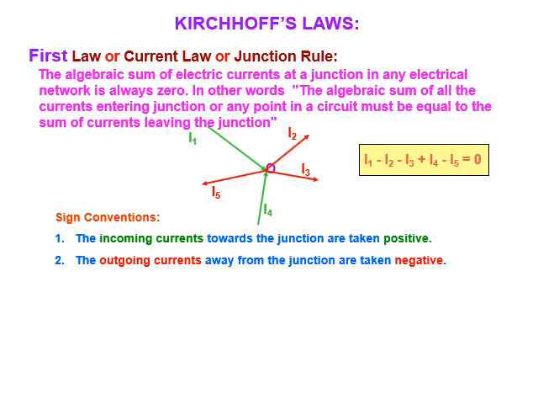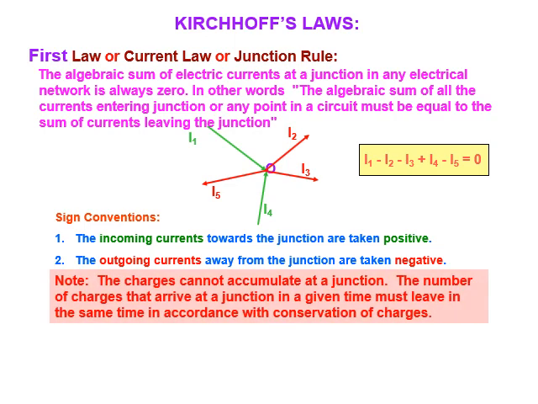Current I1 is incoming, that's why it is positive. Current I2 is outgoing, so negative. I3 outgoing, so negative. I4 incoming, positive, and I5 outgoing, therefore negative. So mathematically you can write I1 - I2 - I3 + I4 - I5 = 0.